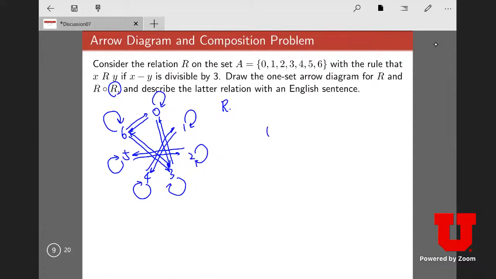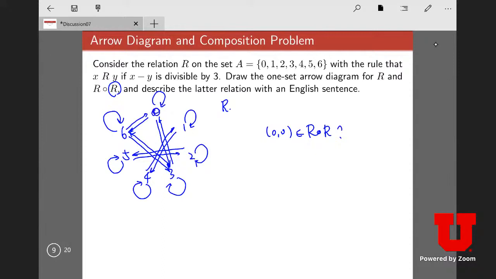Is 0, 0 in R composed with R? It is, right? Because we just go through it twice.